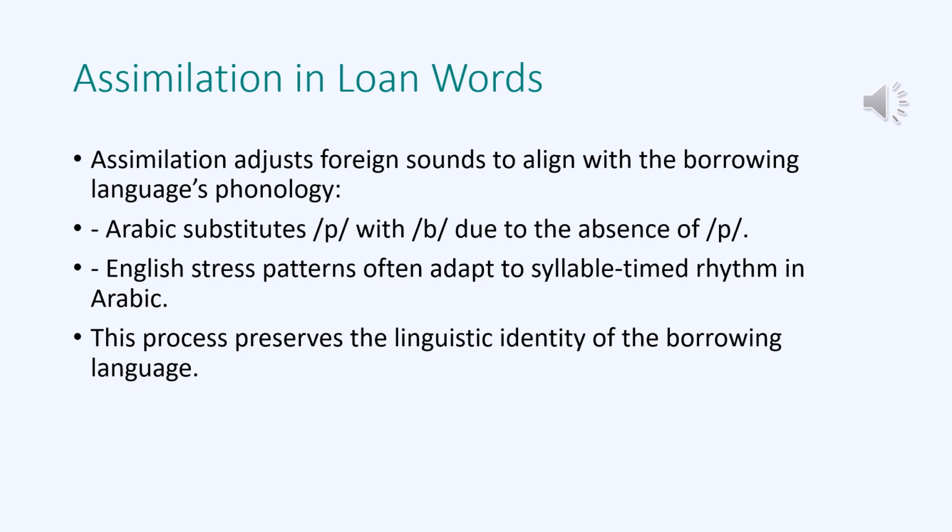To sum up this part before moving to the next, you should know that assimilation demonstrates how languages can adapt and evolve while still holding onto their unique identity. It's a testament to the interplay between tradition and innovation in linguistics.